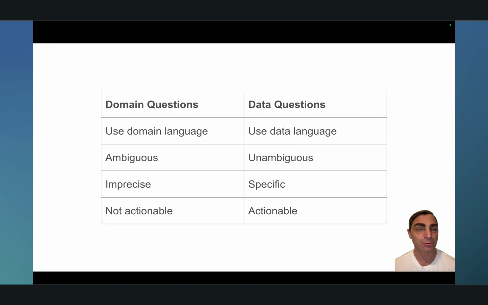And finally, domain questions are typically not actionable in the sense that you can't directly do something with the data from them, but the data questions are actionable because they can be translated into operations that you perform on the data and eventually on visual mappings that generate a final visualization.